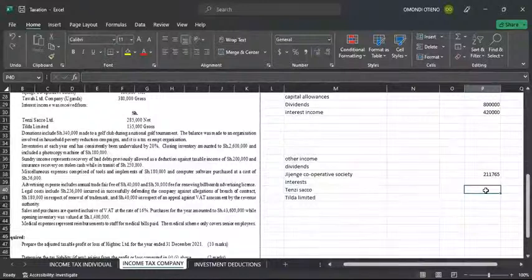So whatever was received from Tenzi Sacco here is net. So we adjust the missing 15%. Having removed it all here, we look for the missing 15%.